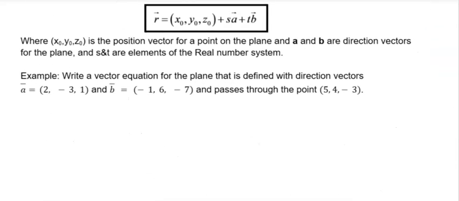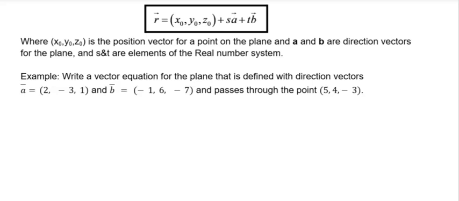So this is a representation of r starting at some point x, y, z, it's going to move s in the a direction and t in the b direction. So let's write a vector equation for the plane that is defined with these following direction vectors. This is pretty straightforward. We're just going to say that this plane is starting at r.